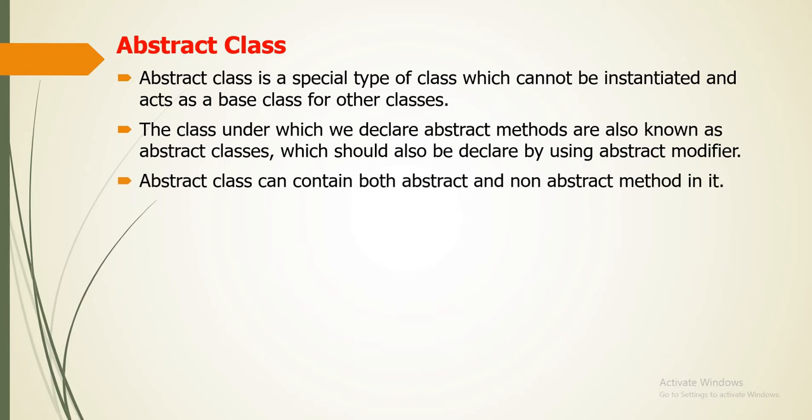An abstract class can contain both abstract and non-abstract methods. A simple class can have only non-abstract methods, but an abstract class can have both abstract methods and non-abstract methods. The example of an abstract class is: abstract class. Sorry, the A is not capital, it must be small.